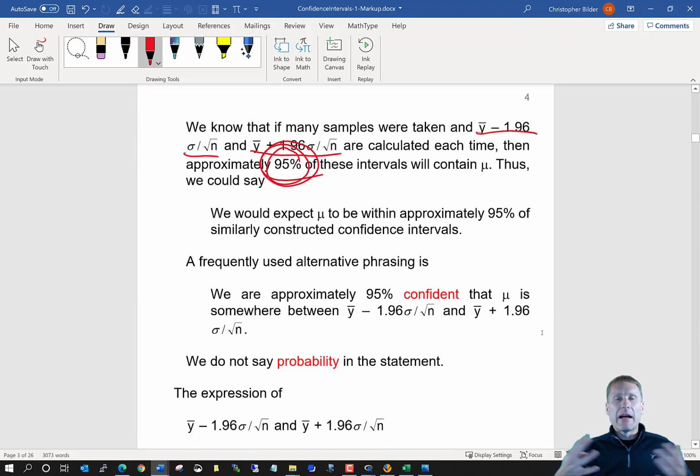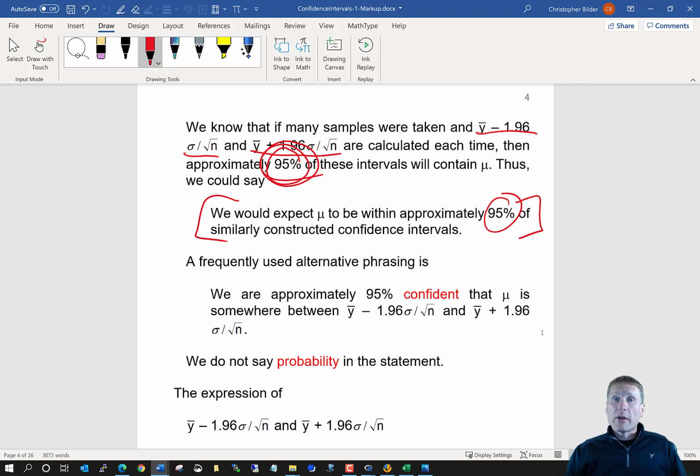So now then the interpretation of this. We would expect mu to be within approximately 95% of similarly constructed confidence intervals. This is a standard statement that people make with respect to this interval estimate of mu. The reason why it's called a confidence interval is because of that 95% that's in there.